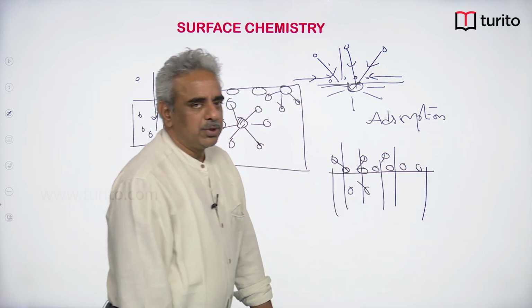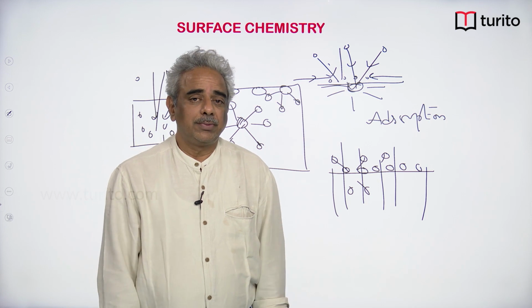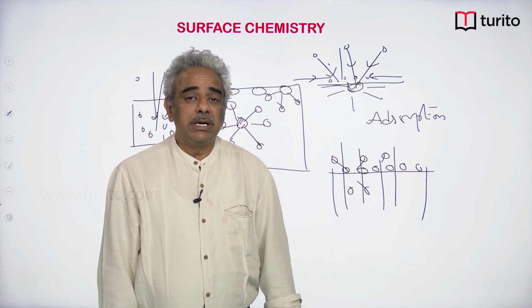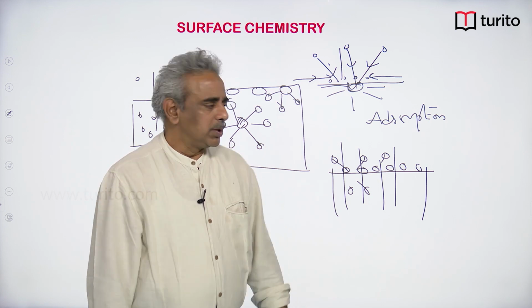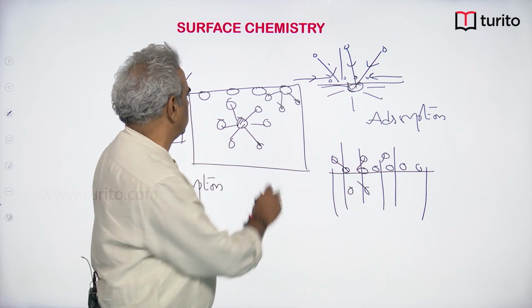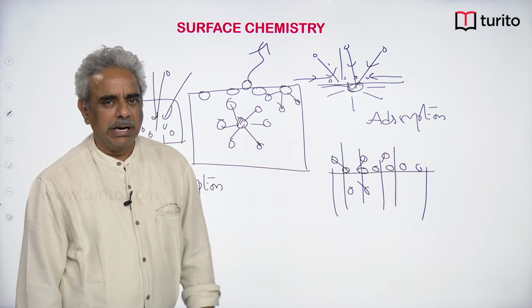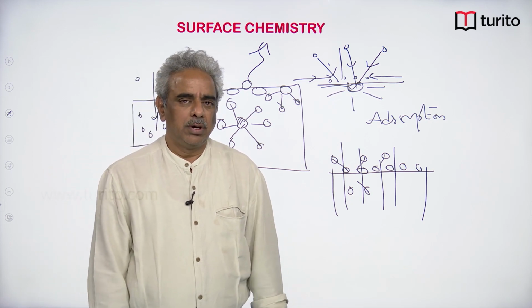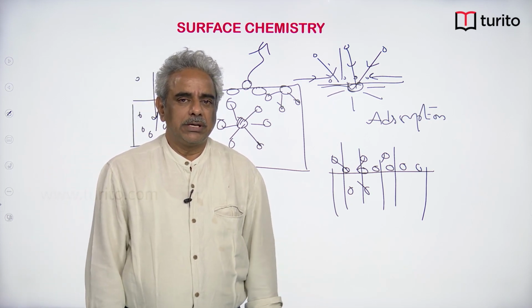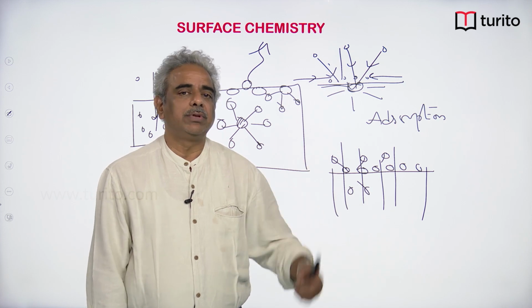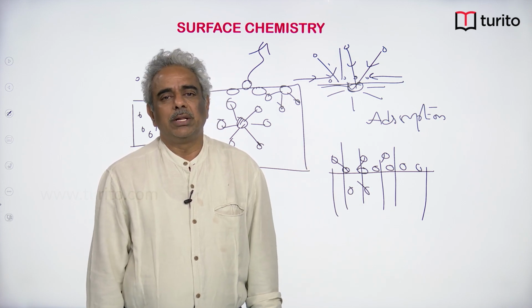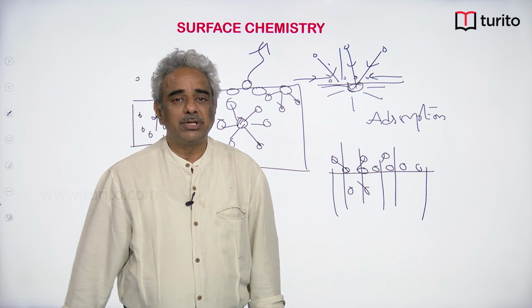You have absorption, adsorption, sorption, desorption. Suppose the particles are escaping out from the surface due to heating or any other phenomenon, whatever may be the case. If the particles are going out of the surface, we call such phenomenon desorption.